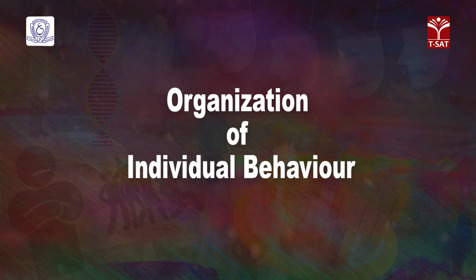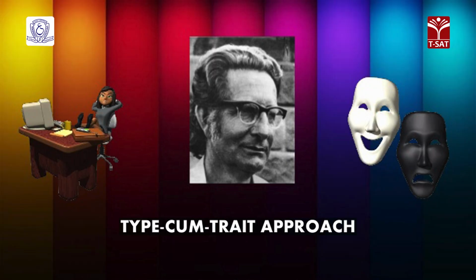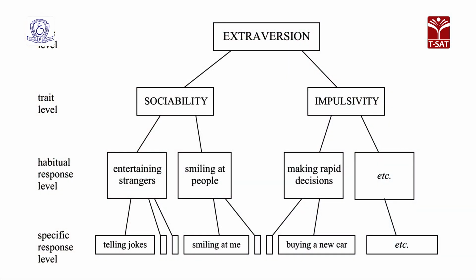Next, we are going to talk about how Eysenck explained organization of individual behavior. As said earlier, Eysenck's approach tries to synthesize the type and trait approaches. Starting with the trait approach, it yields definite personality types.